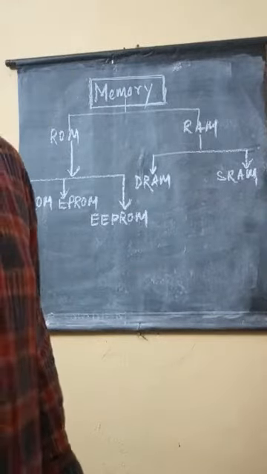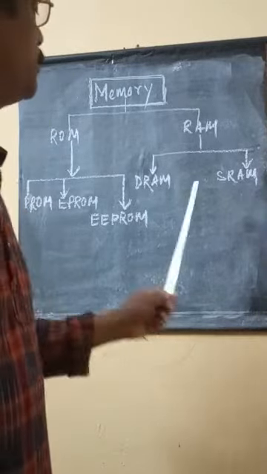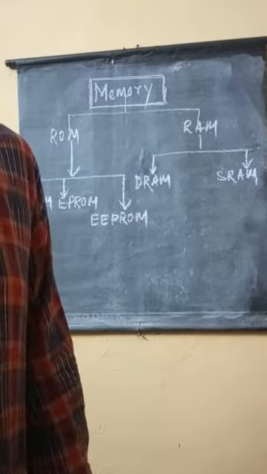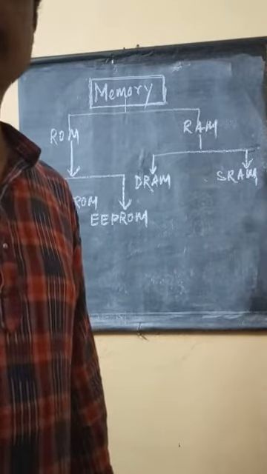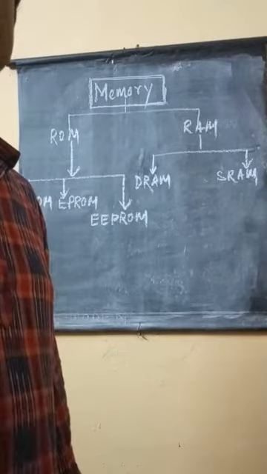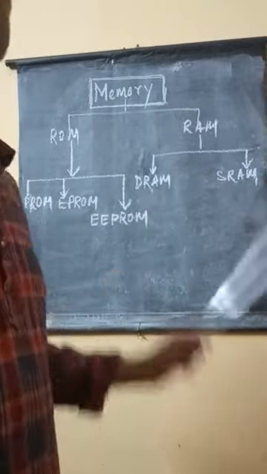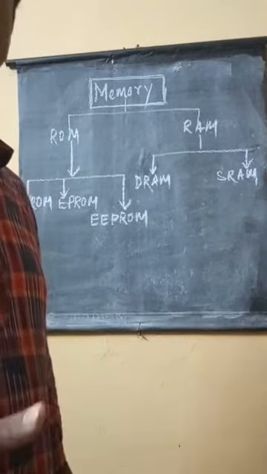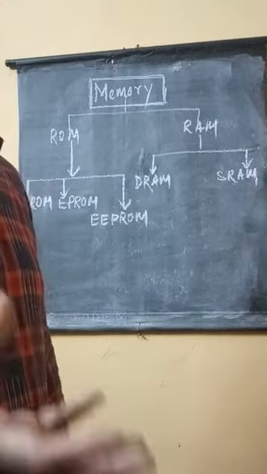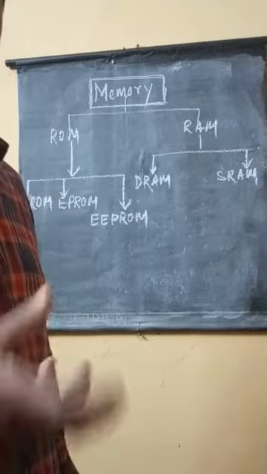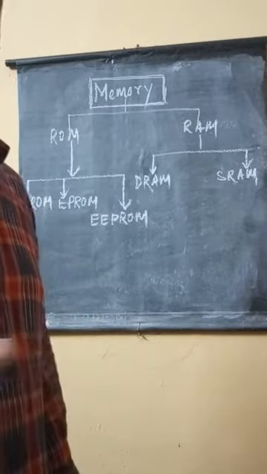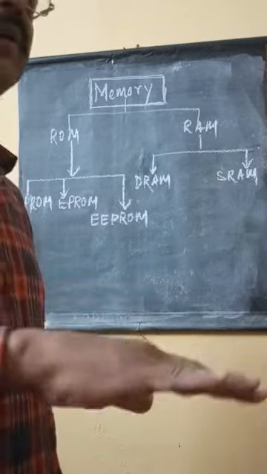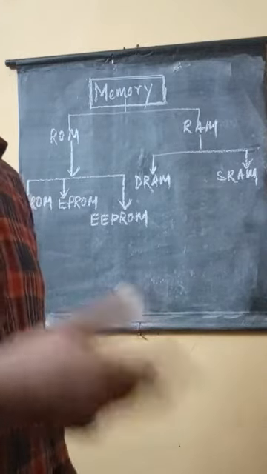So dynamic RAM, what is it? First we'll see. In most computers we get this type of RAM, DRAM. It will store all the things, but after a few milliseconds, as per our requirement, it will refresh automatically, by which later some extra information can be stored there.